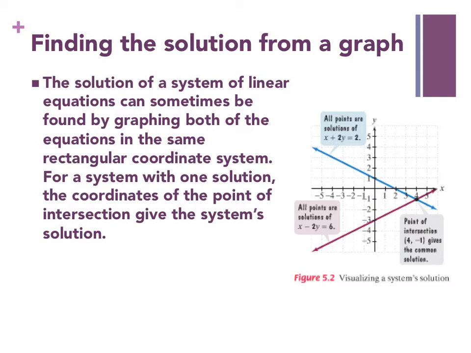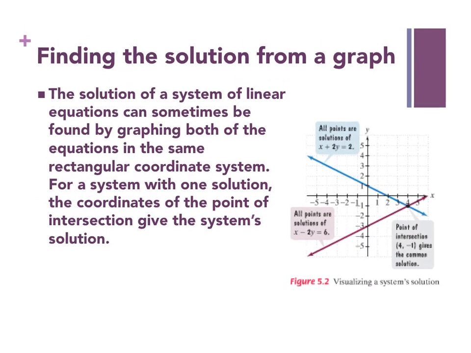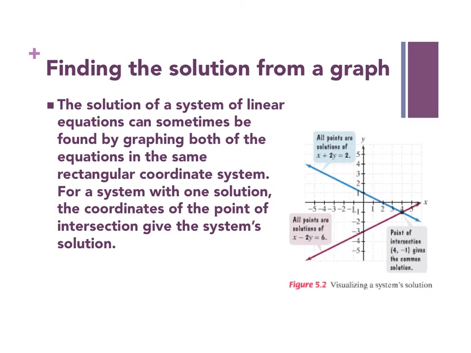All right, if you're finding a solution from a graph, so you have the graph in front of you and you want to figure out what the solution is, you're looking for where your lines or your line and your parabola or your parabola and your circle, whatever the shapes are, where they intersect, okay? So you can graph both of them on the same coordinate grid, and then where they intersect would be your answer.